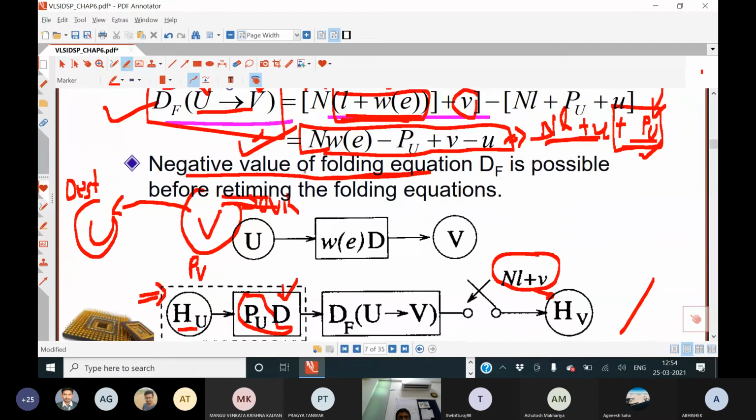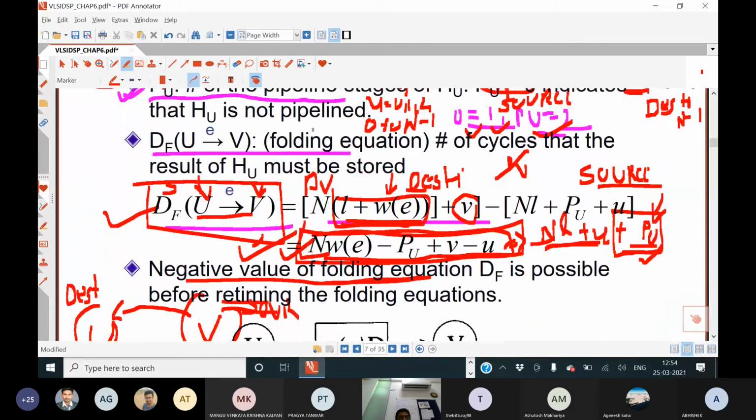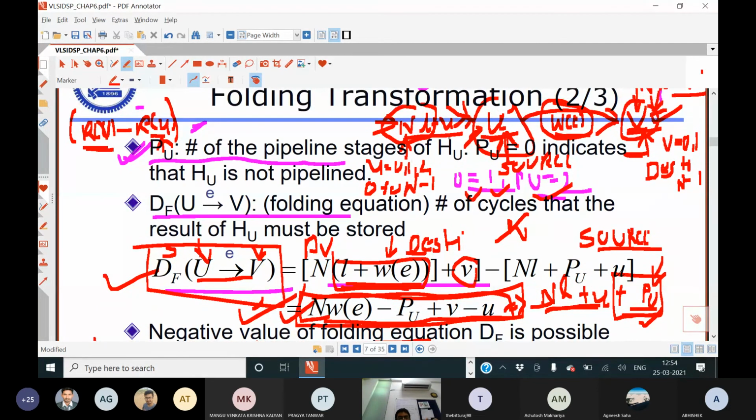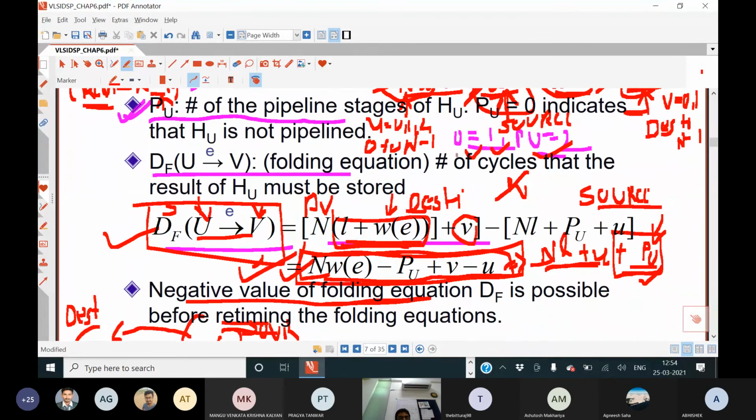Okay, so this equation you need to understand. This equation we will use when we solve the folding problem. Okay, so how this equation is derived, I have explained with this particular concept.